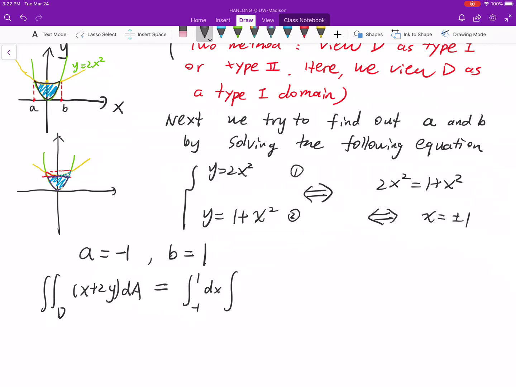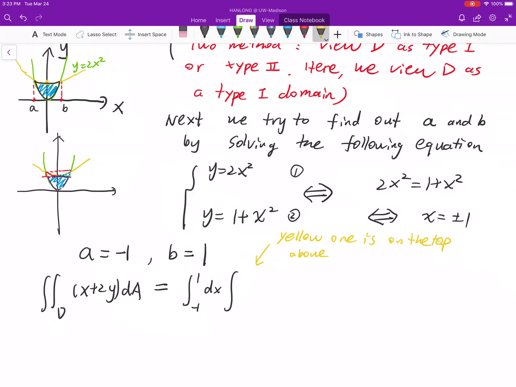And notice that here the yellow one is above, is on the top.